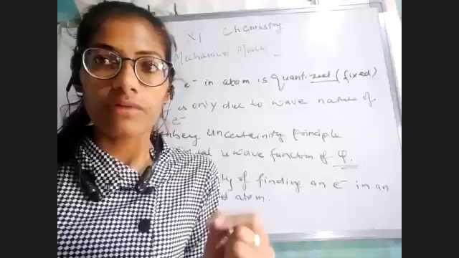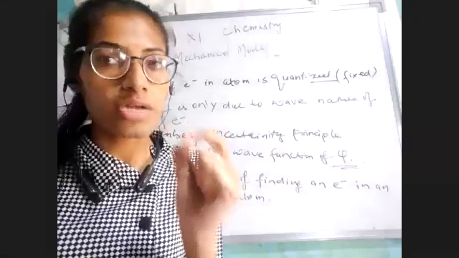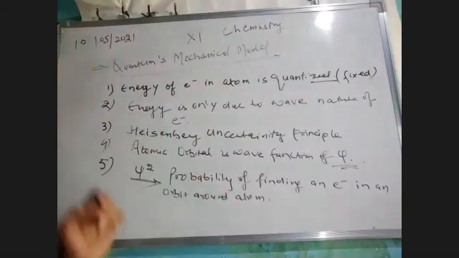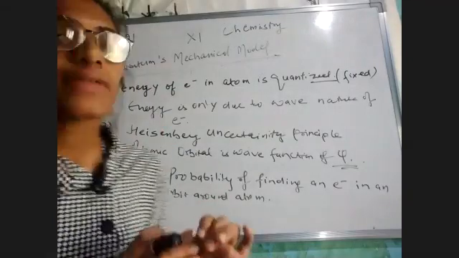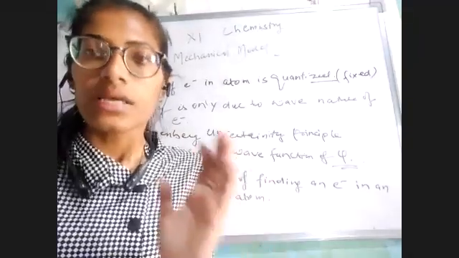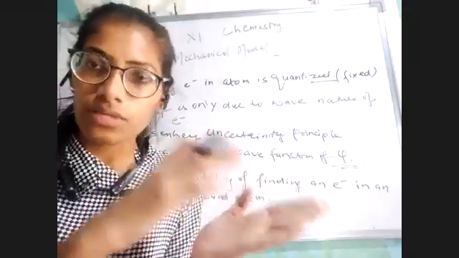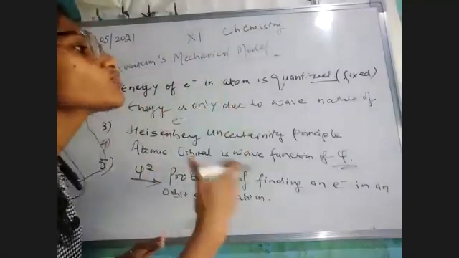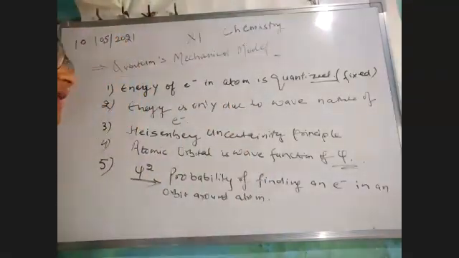It's always given as a numerical value. Second, he told us that this energy is only due to the wave nature of the electron rather than the particle nature. He has given us that yes, there exist both wave nature as well as particle nature, but this energy is due to the wave nature of our electron.